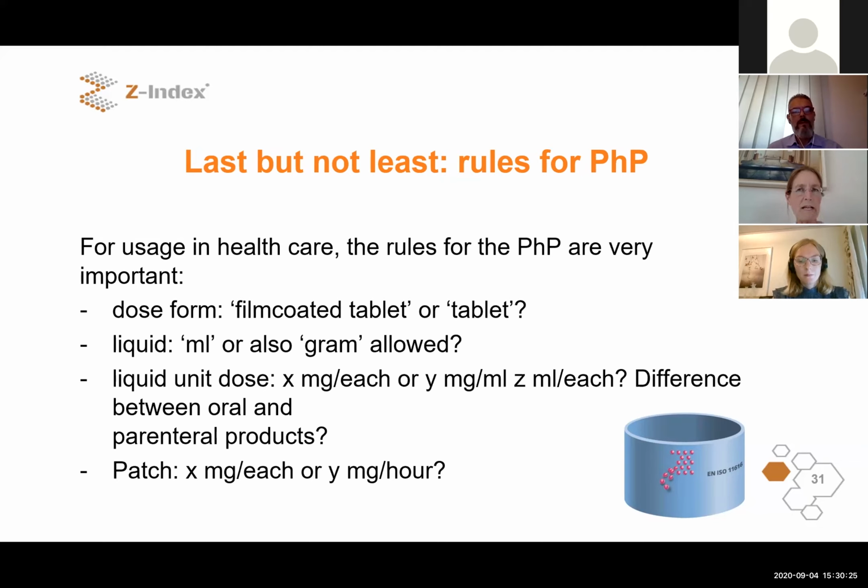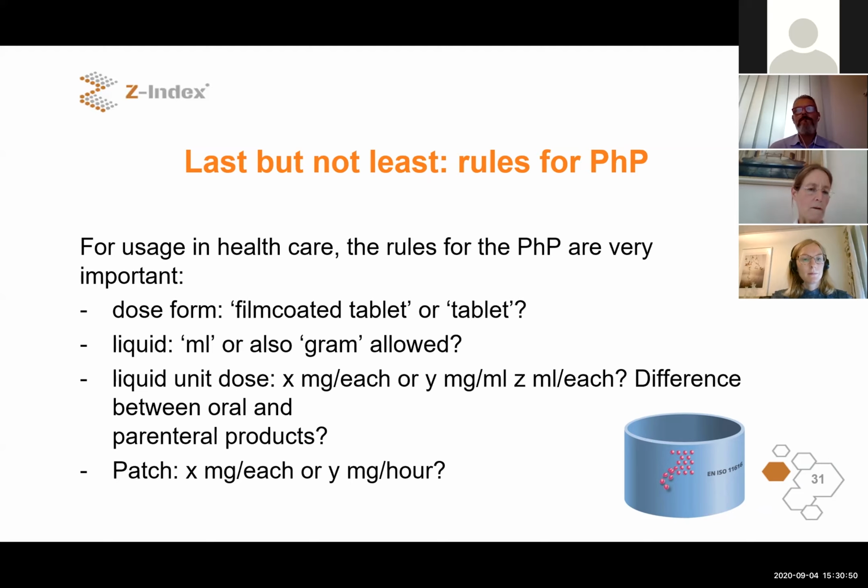And last but not least, when you have such a mapping, so when the use cases are reconciled and you have done a mapping, then still it is very important what the rules are by which the PhPs are developed or created.